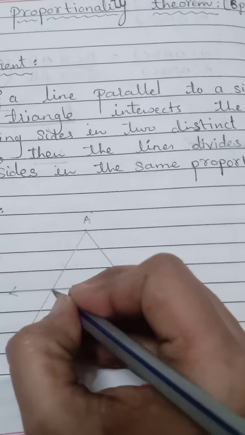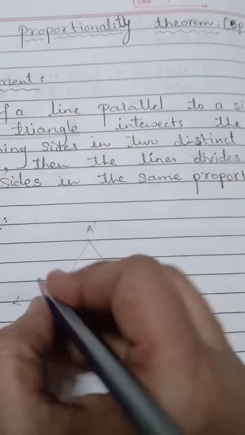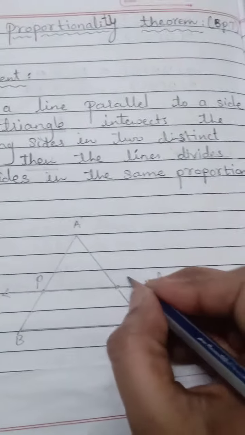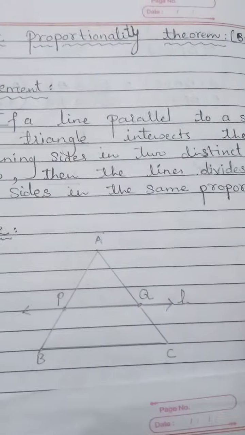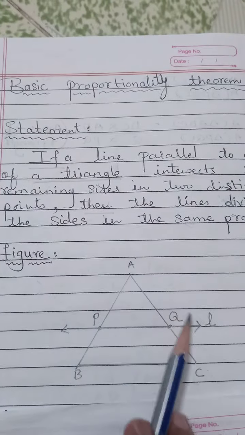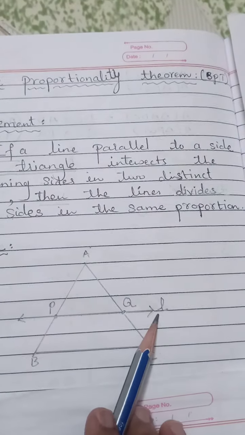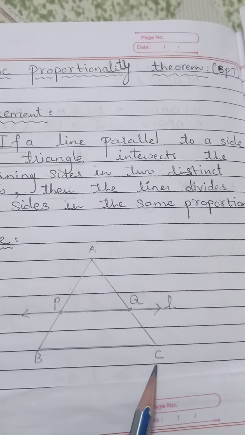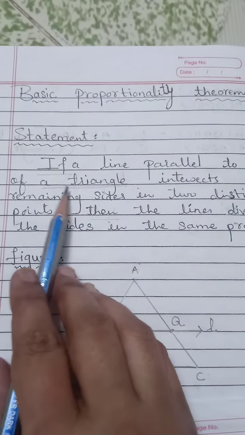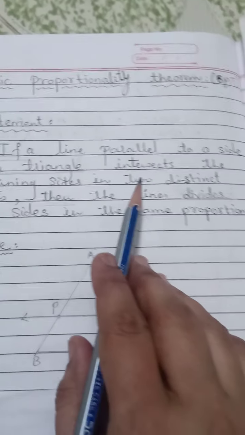We can give names to these points of intersection also, so I'll name the points P as well as Q. Here again we'll read the statement, a line. We have taken one line l which is parallel to a side, that is BC, of a triangle. Obviously, we have taken all these things in a triangle.